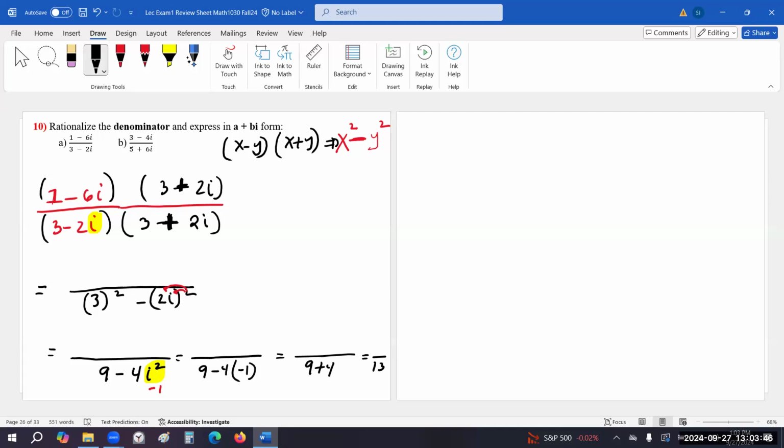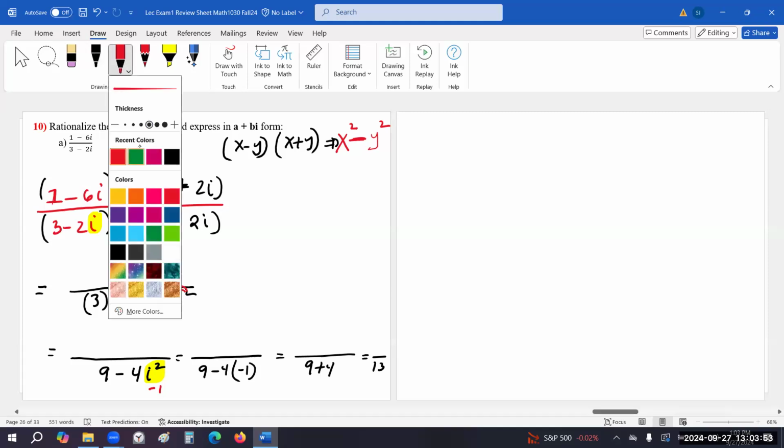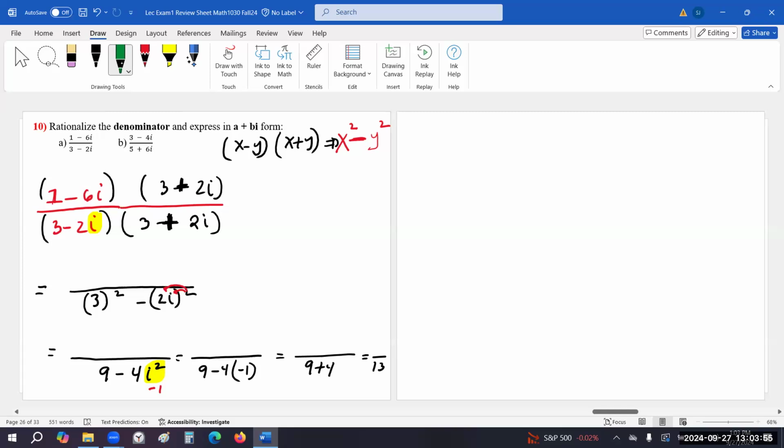We don't care about the numerator, okay? We can have as many i's as you want, no problem. So in the numerator, we distribute them. So we use FOIL. 1 times 3, 1 times 2i. So 3 plus 2i.